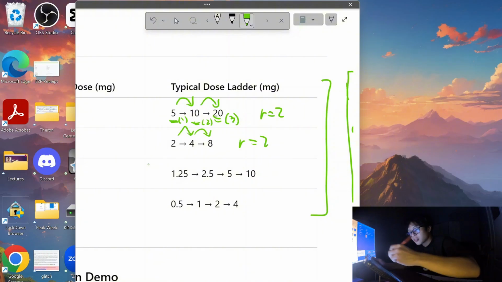R equals 2. Meaning that as long as you recognize that the ratio is 2, you can always deduce the next dose.